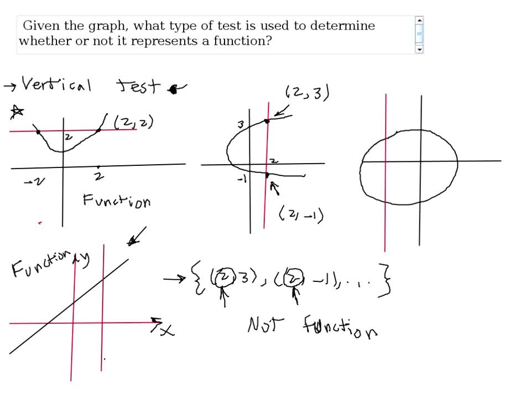You got 2 and 2, and this is -2 and 2. So now you see it fails the horizontal test, because we have the same numbers in our ordered pairs on the y-axis. So this one here is a function, but it's not a one-to-one function because it failed the horizontal test. We use the vertical test to see whether it's a function or not.